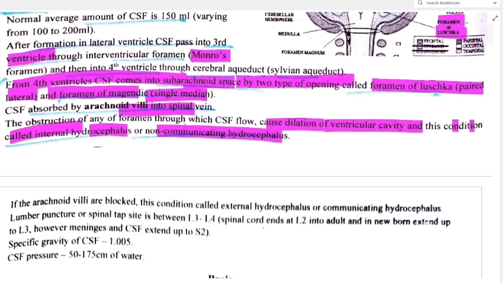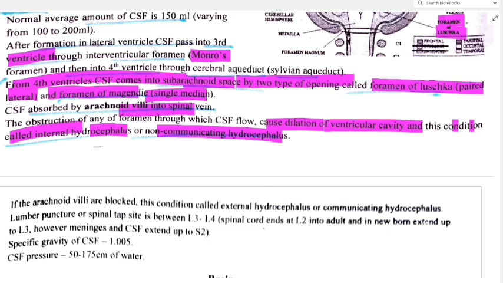So suppose we have Monro's foramen, Sylvian aqueduct and foramen of Luschka. So any of this foramen, if it is obstructed, then there will be a dilation of ventricular cavity, and this is called non-communicating hydrocephalus, also called internal hydrocephalus.